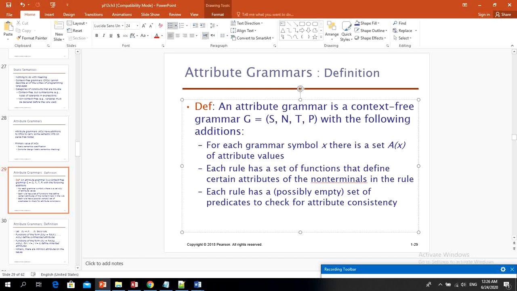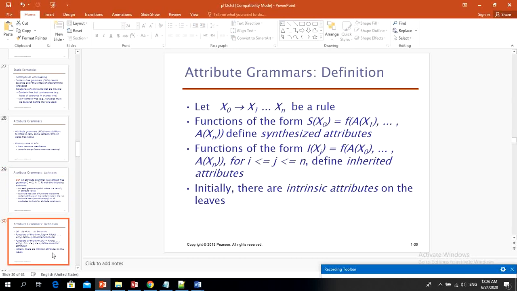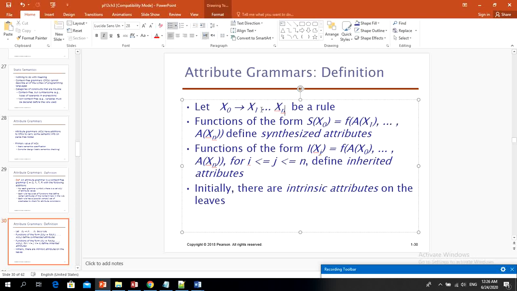Each rule has a set of functions that define some attributes, and each rule has a set of predicates to check its consistency. So they use symbols, letters, and parentheses to explain such syntax. They can also use something like X0 implies X1 until Xn, such that X1 is the start and Xn is the last. They can use such a definition to be a rule.